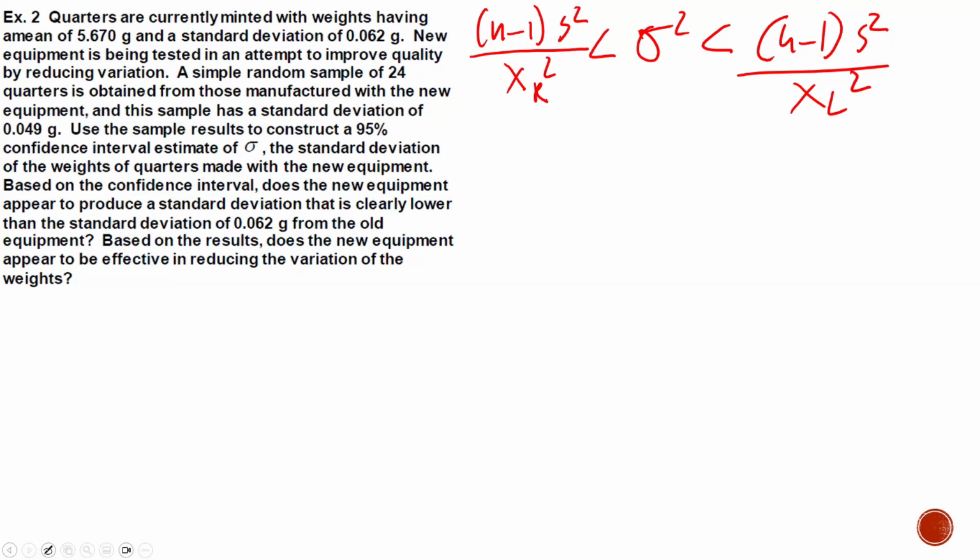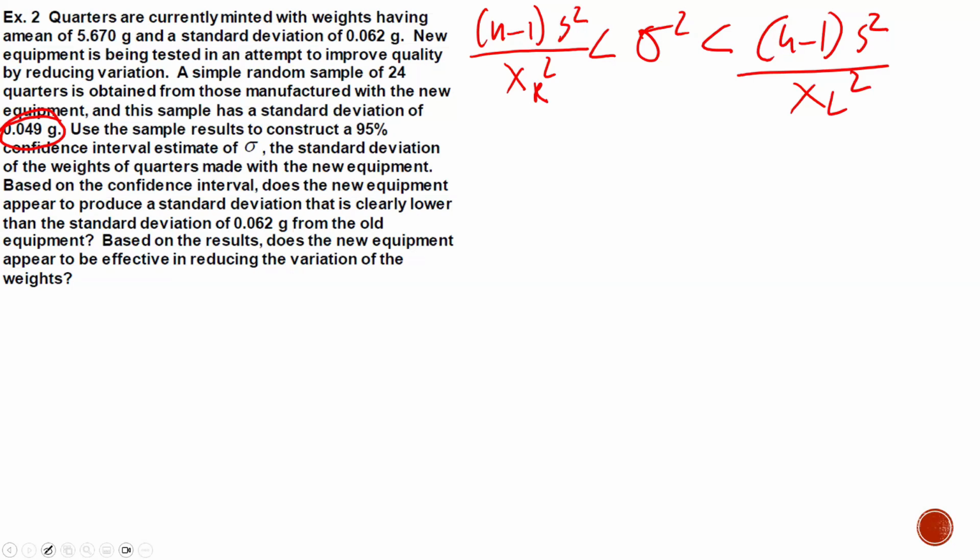So they changed the procedure. They did a new procedure, and this is the sample. This is the standard deviation you're going to use, the one that says currently being minted. You want every quarter to be ideally the same.